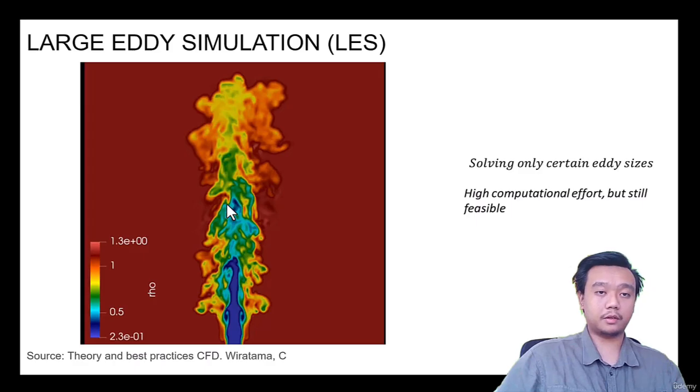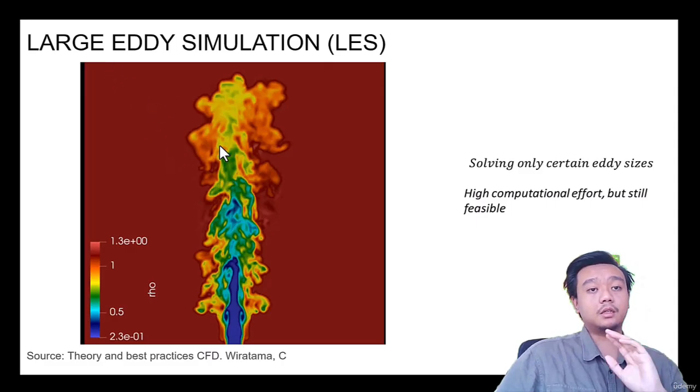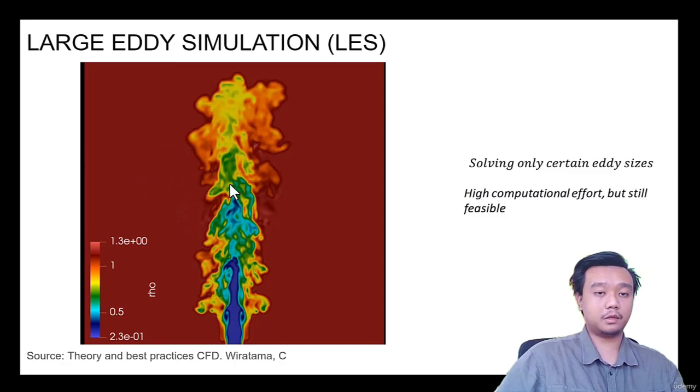So the computer doesn't have to resolve the smallest eddy sizes. This is quite useful for solving large flows, for example a plume of smoke, or if we are simulating flow around a building to see the effect of detailed transient flow, it will be feasible.